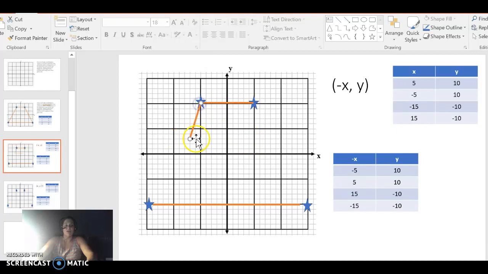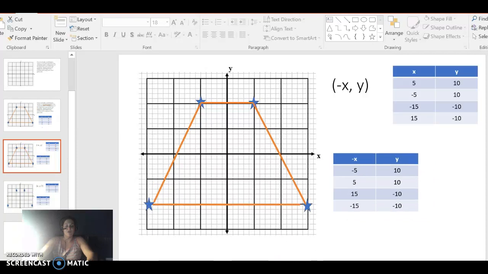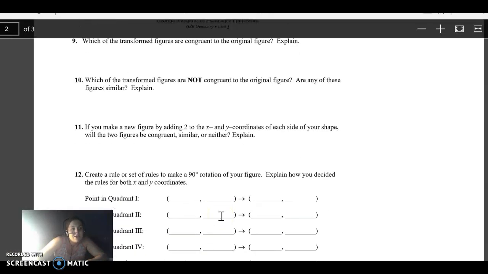Another word for that is to call it a direct isometry, when it stays the same orientation and the same size. Okay, so see how the shape didn't really change. What else do we have to ask?